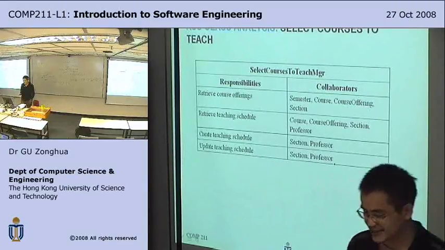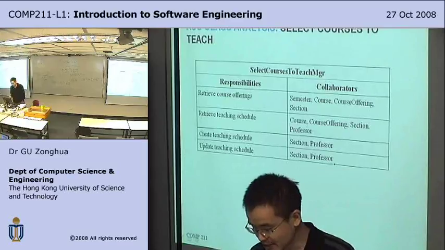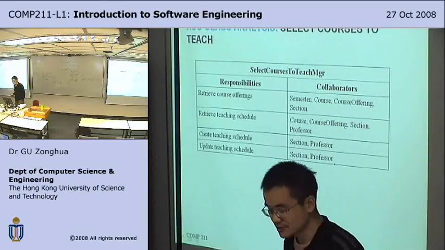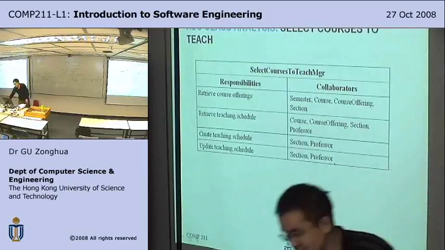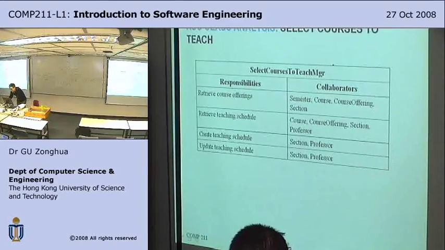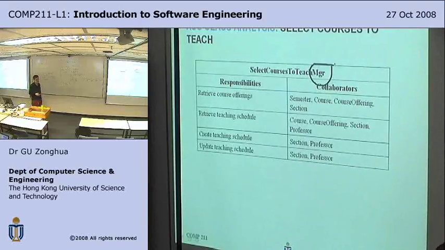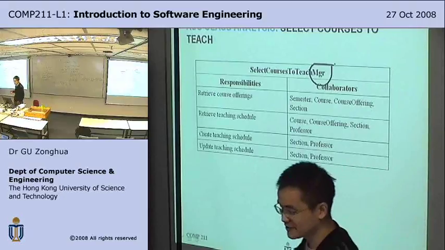So here's the CRC card for the control class select courses to teach manager. Remember, this is a convention that you have MGR, manager, at the end of the class name. It indicates it's a control class. It's called a manager because it manages interaction among the other classes.